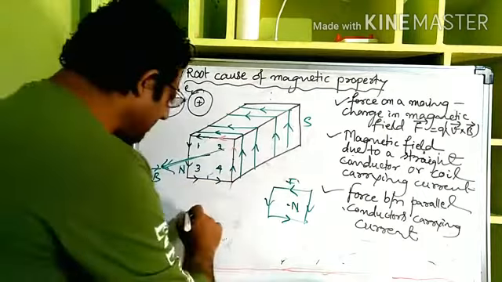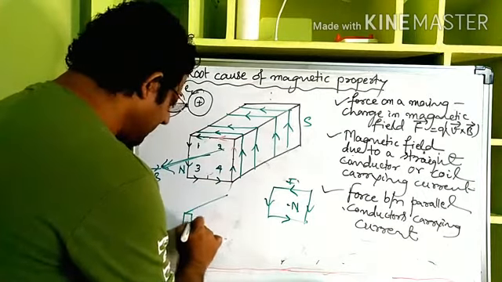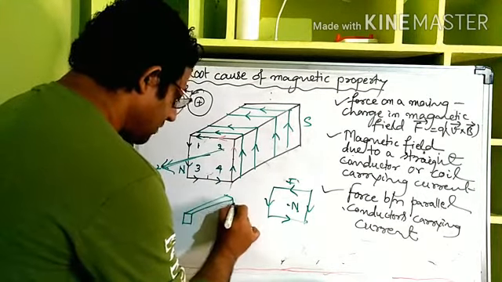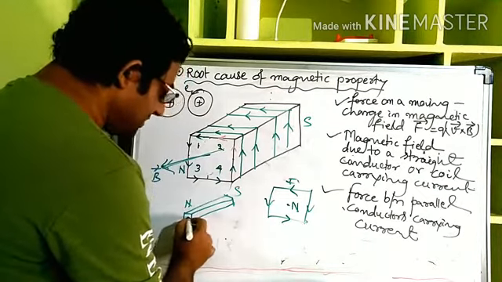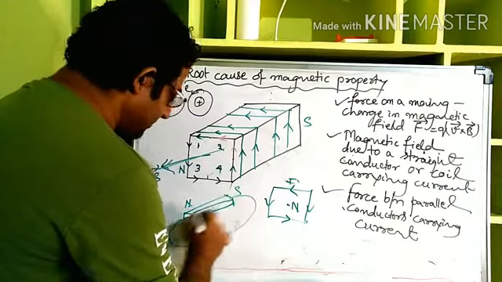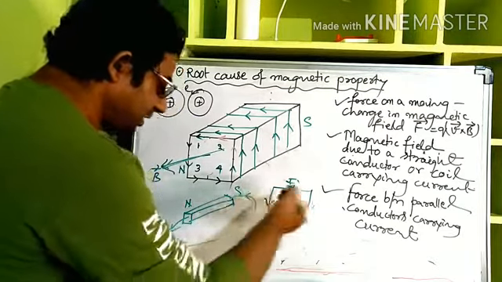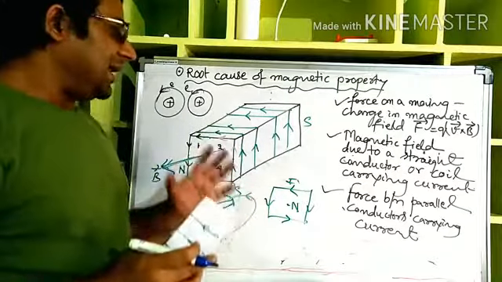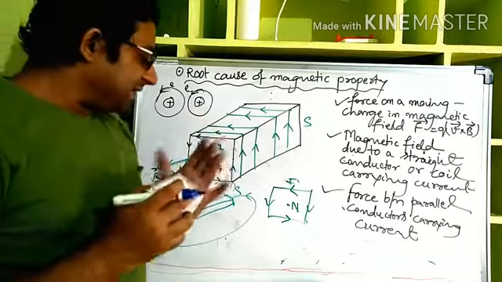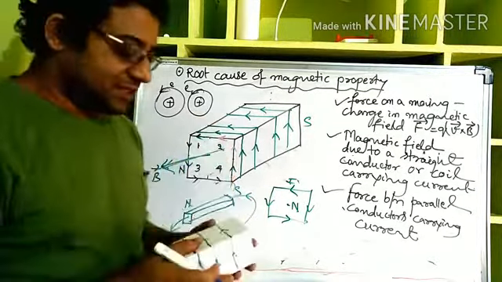Of a bar magnet, one side will be north, one side will be south. So we always say that from north magnetic field lines come out, and into south they go in. And we also say that unlike poles attract each other and like poles repel each other.